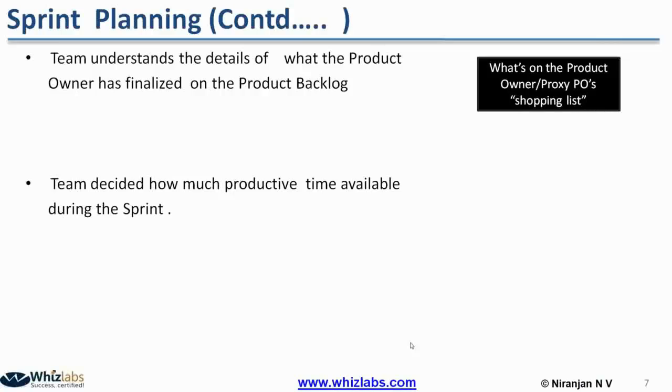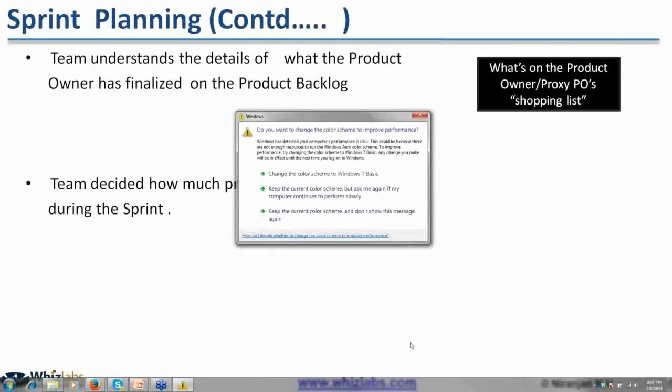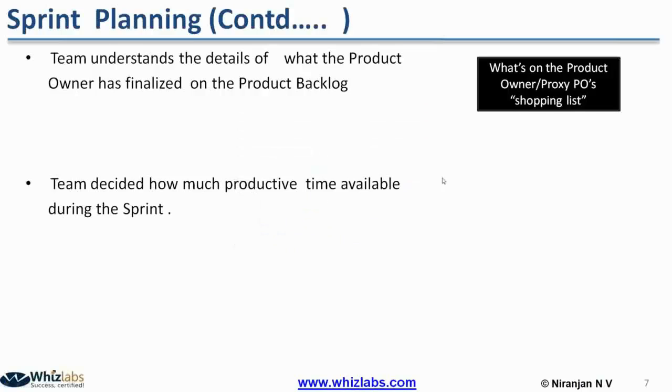For example, sometimes some members may be planning leave, and because of that the team members may not be available for the full sprint. In that case, based on the available time, we have to plan what we can take.